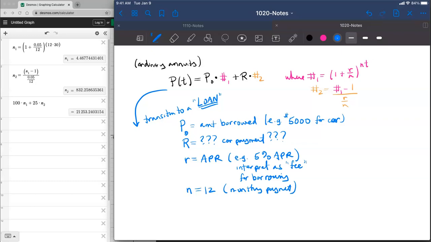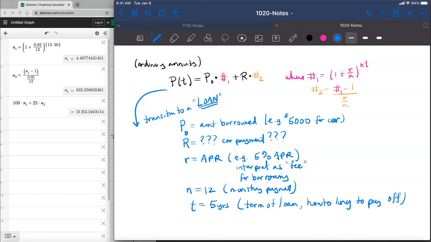And then typically T is the time. Let's say that we know this. Let's say maybe this is 5 years, and this is what is called the term of the loan. It's basically how long do you have to pay off the loan?